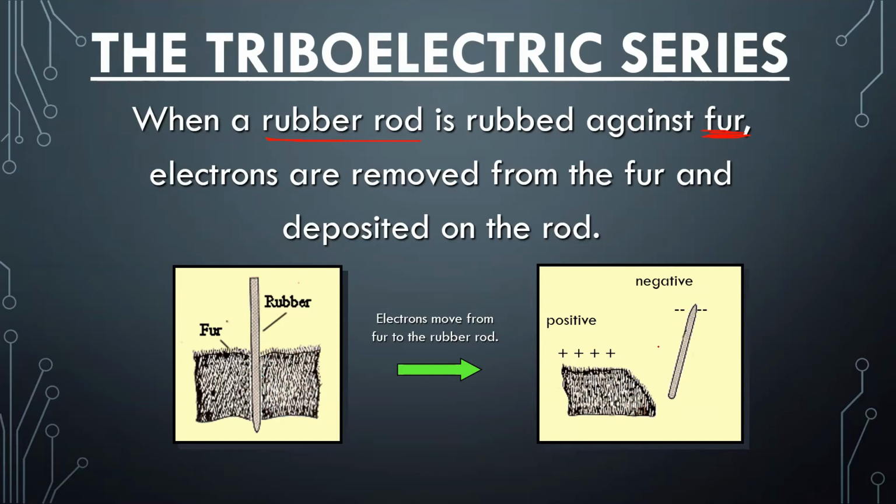The positively charged and the neutral charge will remain on the fur. And this is what we call triboelectric charging.